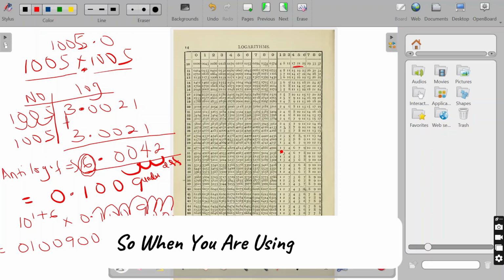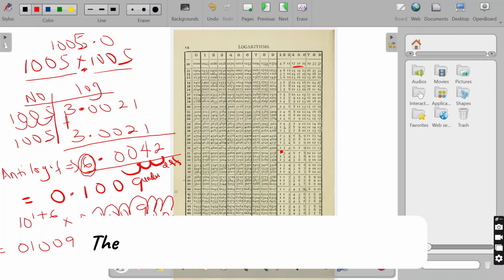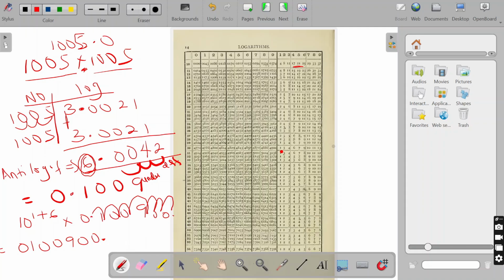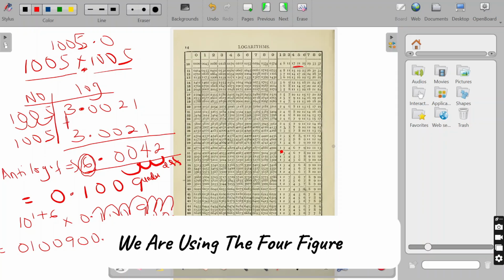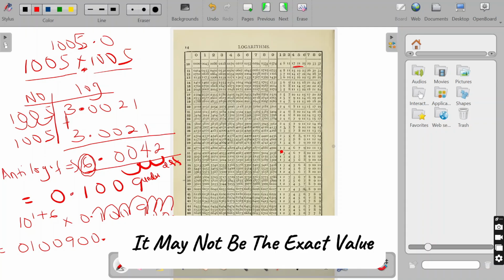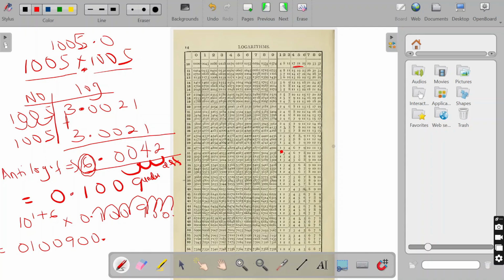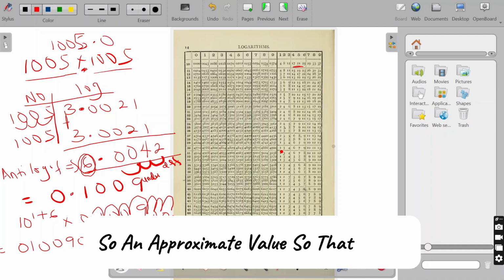So when you are using indices and logarithm, the answers are approximate. It may not be the exact value, because you are using a four-figure table. It may not be the exact value, but an approximate value. So that should be the answer.